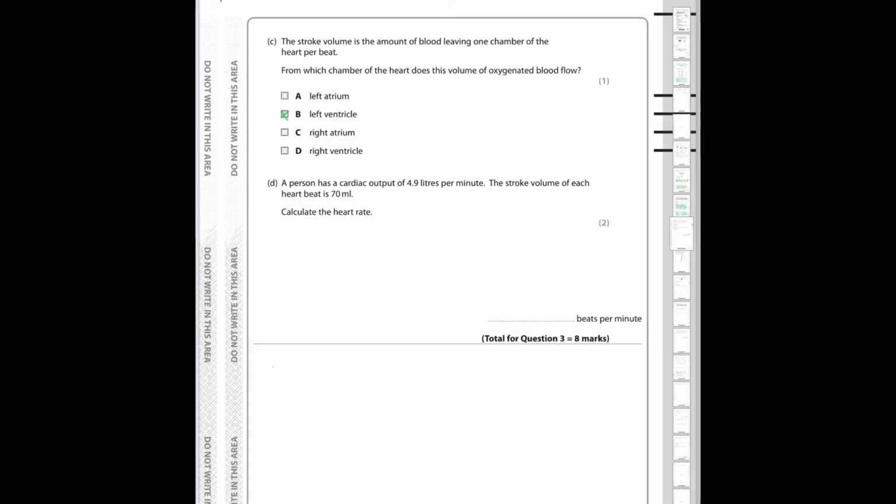Then for part D, a person has a cardiac output of 4.9 litres per minute. The stroke volume of each heartbeat is 70 millilitres. Calculate the heart rate. So the first thing that we have to do is get both of these into the same units. So if I'm going to go with millilitres, 4.9 litres as millilitres would be 4,900 millilitres per minute.